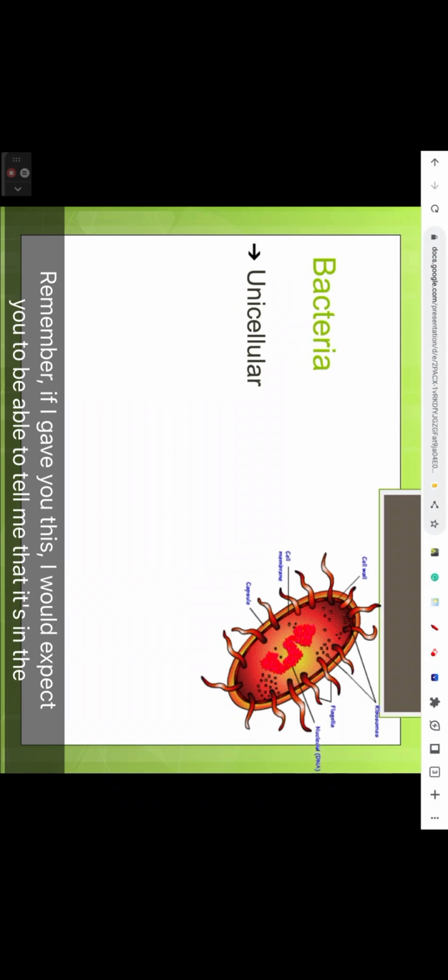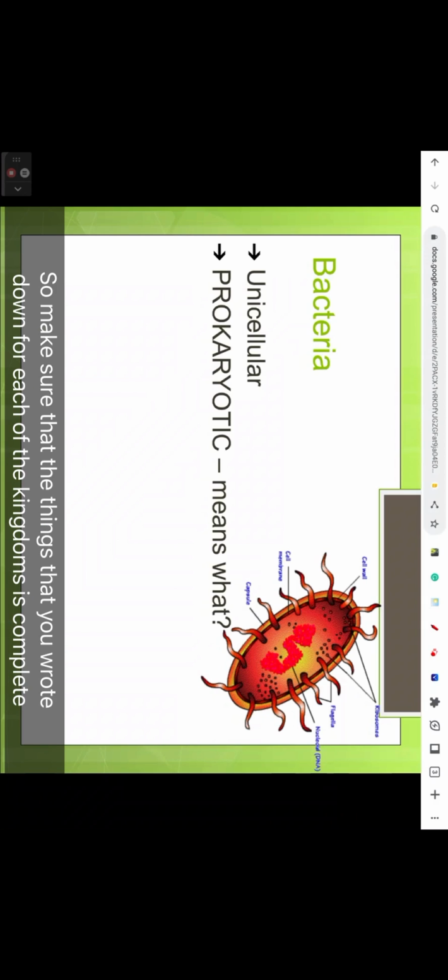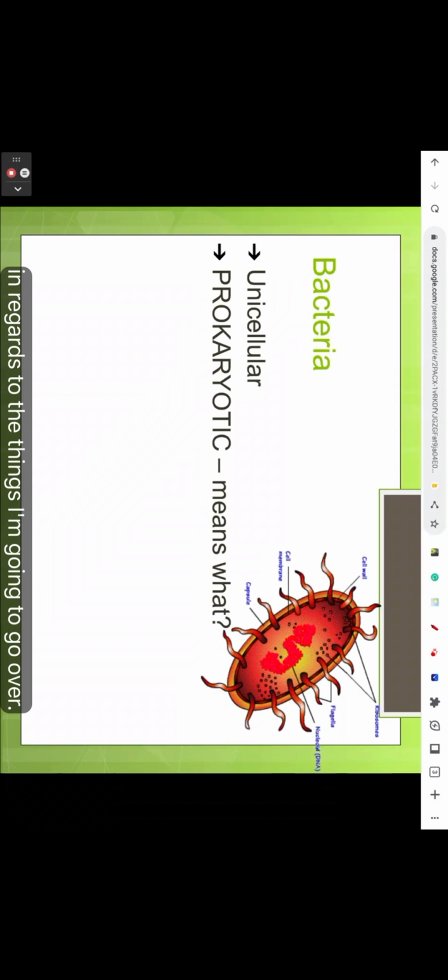Remember, if I gave you this, I would expect you to be able to tell me that it's in the bacteria kingdom based on the characteristics that you see. So make sure that the things you wrote down for each of the kingdoms are complete in regards to the things I'm going to go over.